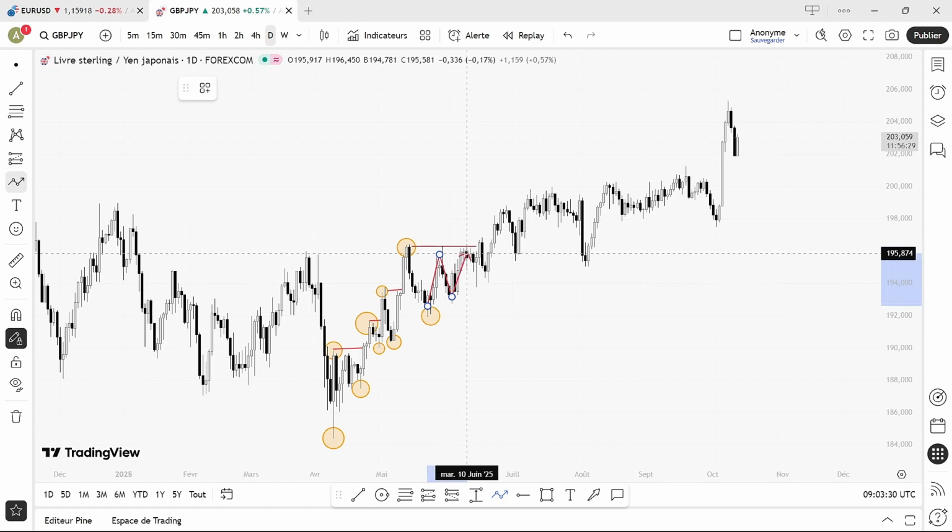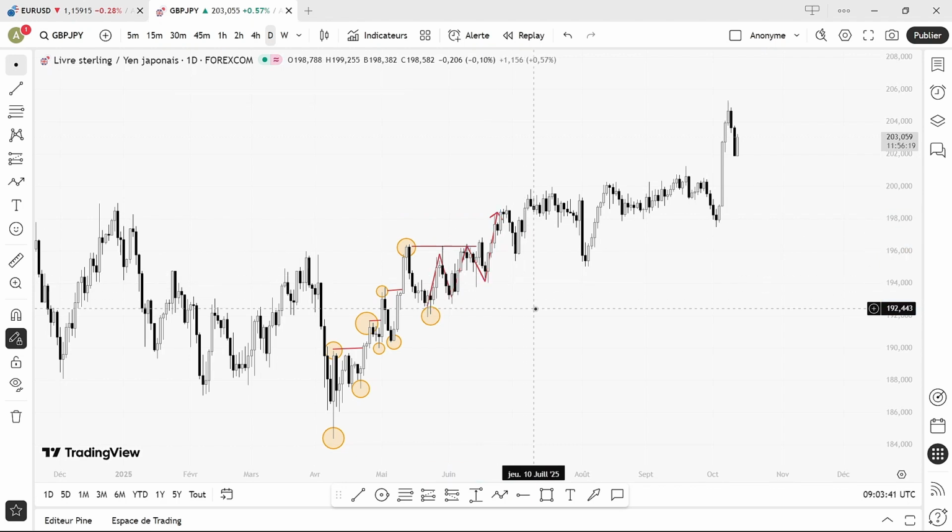As soon as this structure is broken, we can identify our break of structure, because this higher high has been broken. But all this movement within this higher low and this higher high is called internal structures or minor structures.